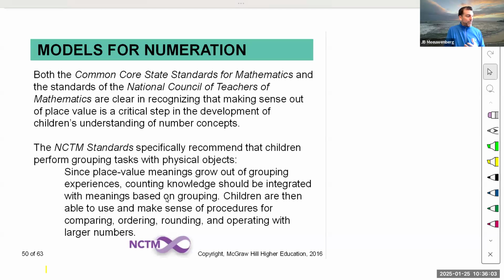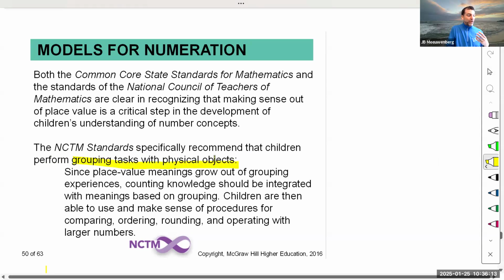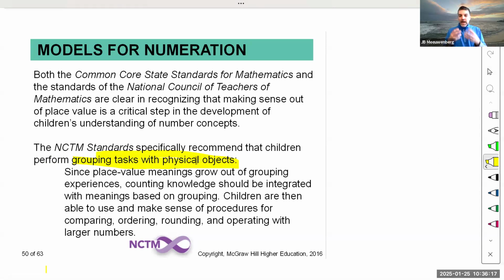What you'll notice in that bottom quote is that it recommends that children perform grouping tasks with physical objects, okay? Grouping tasks with physical objects, so they can see and feel things grouped specifically for our system into groups of 10.